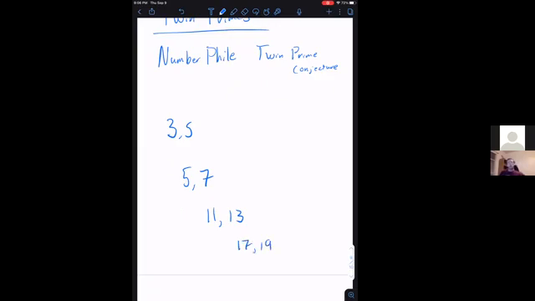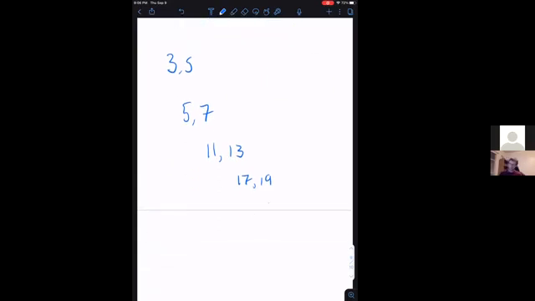I don't know what the next twin primes are. It's not 23 and 25, no. Maybe 29 and 31. Are those prime? Maybe. I think those are the next twin primes.